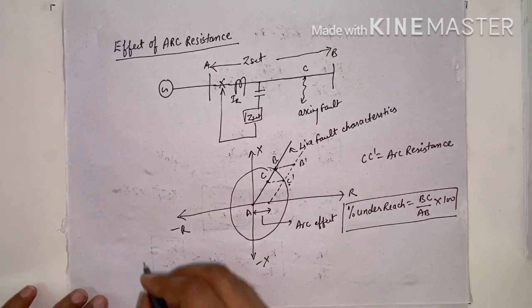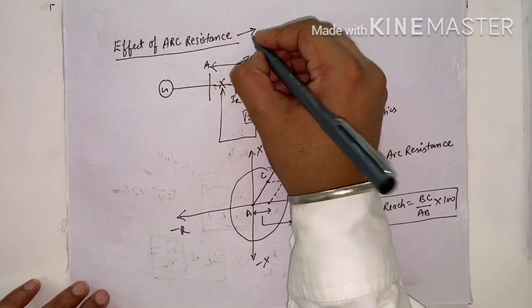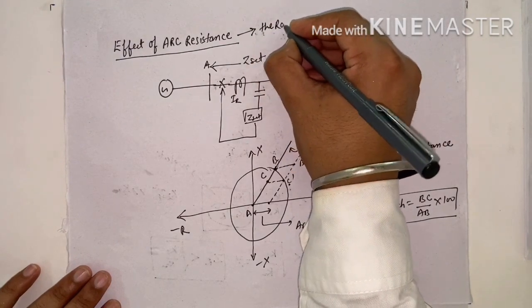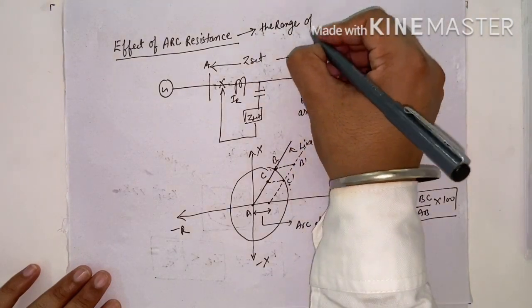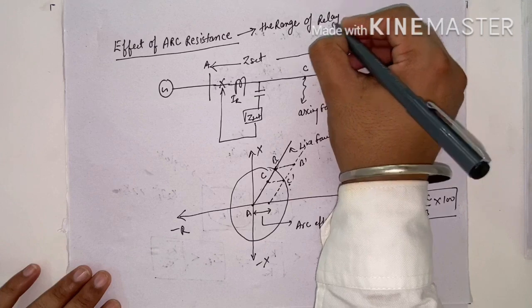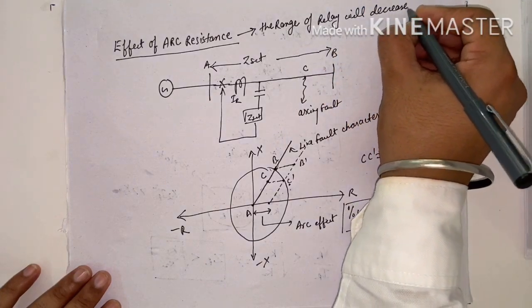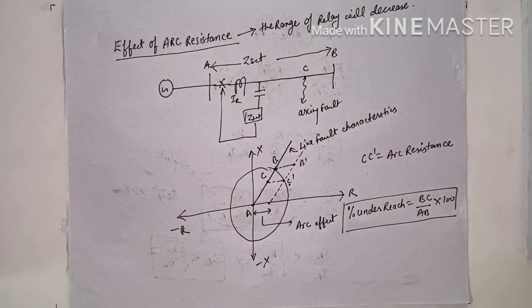So in the case of arc resistance, the range of the relay will decrease. So this is the effect of arc resistance.